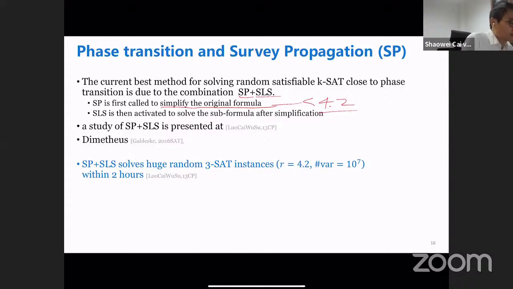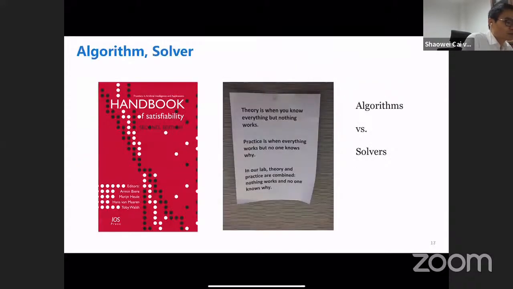In this line, the current state of the art was built, I think, in 2013, and can solve 10 million variables random set near the phase transition within 2 hours.